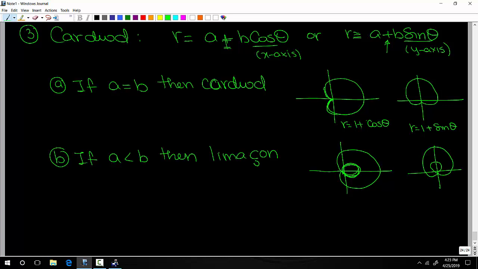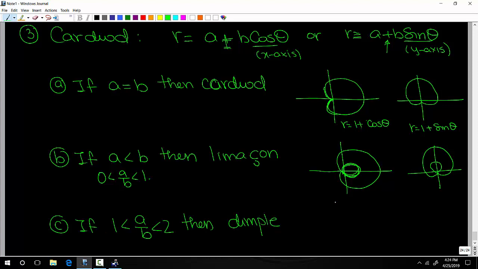On the other hand, if 1 is less than a over b, which is less than 2, and by the way, over here we are saying this basically means that a over b is less than 1. So if you divide both sides by b, that's what you get. Then if the ratio a over b is between 1 and 2, we get something called a dimple.